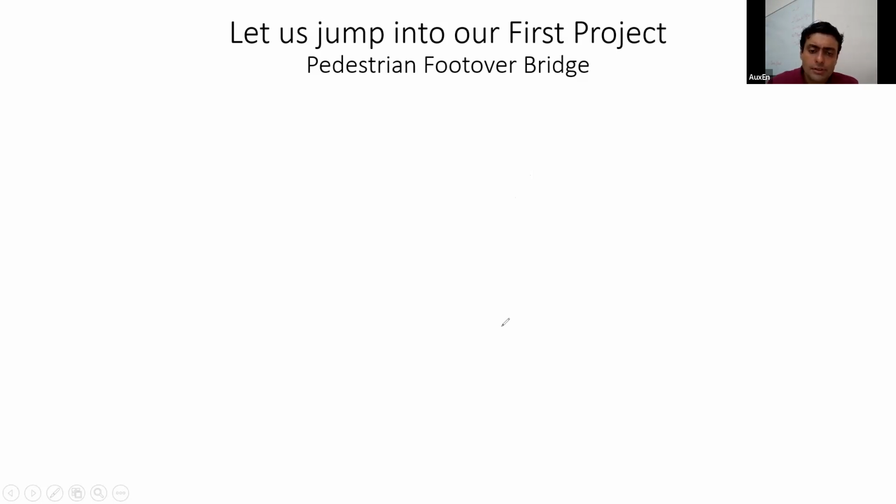Most of us, or I think all of us, live in urban centers, urban towns, cities, metropolitan regions. So everywhere we go, we see some pedestrian footover bridge. The most common example of a footover bridge you will see would be at the railway stations, isn't it? The footover bridge which connects platforms is a good example of a pedestrian footover bridge.